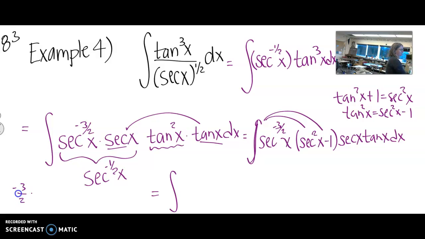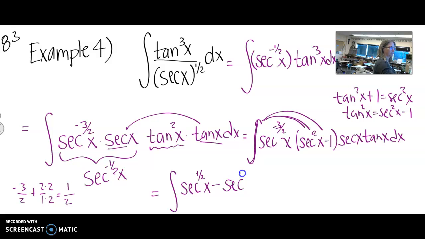Negative 3/2 plus 2, we'd have 4, multiplied by 2 on the top and bottom, and you'd end up with 1/2. So the negative 3 plus 4 would be 1/2. So this times this is secant to the 1/2 power x minus secant to the negative 3/2 x, and I've got that times secant of x, tangent of x, dx.